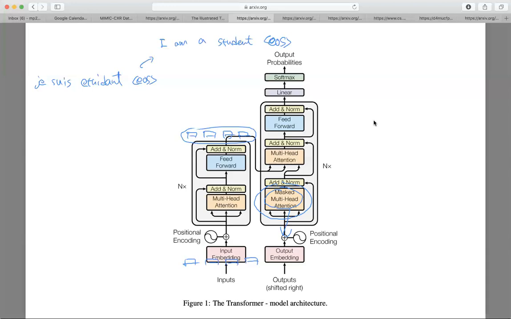The input of the decoder is actually the predicted English words, so it is just feeding its output back to itself. So that masked multi-head attention is applied on the decoder's previous outputs.